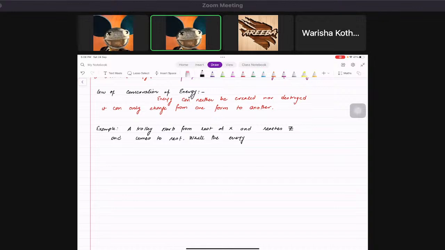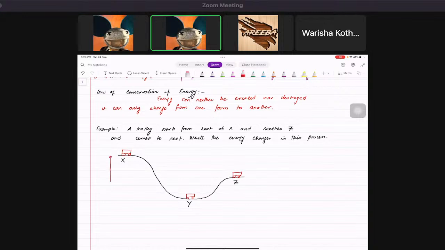The energy changes in this process. So basically, they've shown you sort of a slide. Here it is X, this is Y, this is Z, and a trolley just rolls down and reaches Z. Okay.